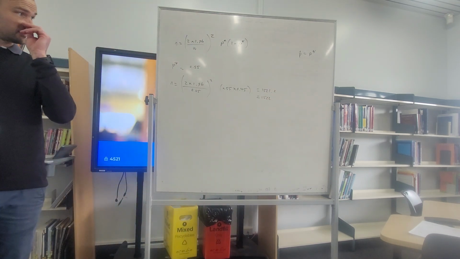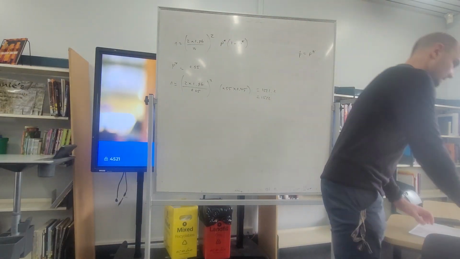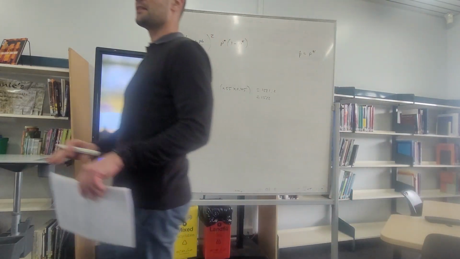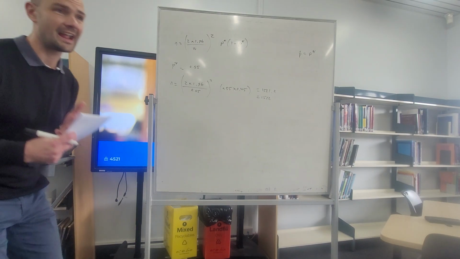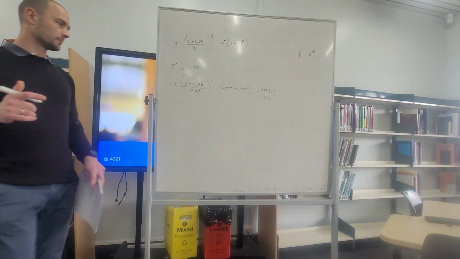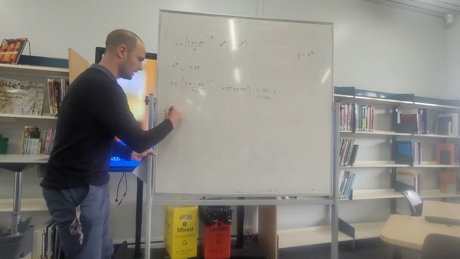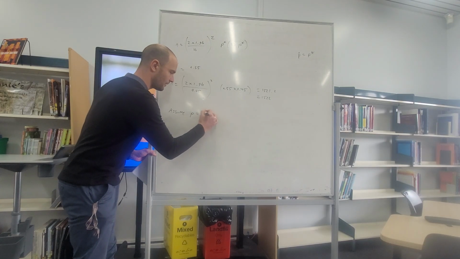Now there will be some circumstances where we don't know the value of p. We don't have any idea what the value of p is. In that circumstance, if you're not given a value of p, you assume p equals 0.5.